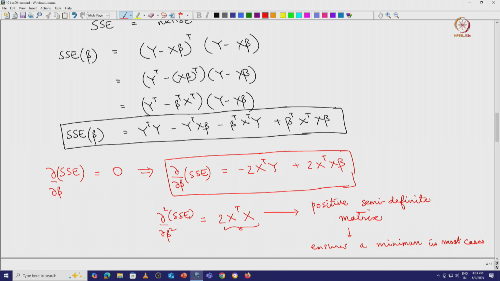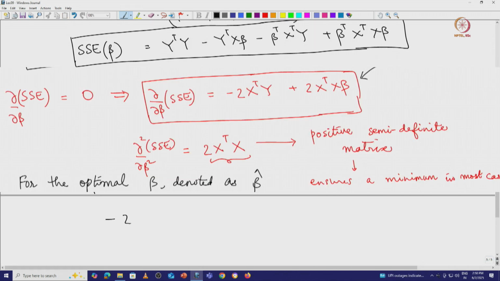Now going forward, we need to find out the optimal set of parameters beta hat. For the optimal beta, denoted as beta hat, we will have to take this expression and set it to 0. So let us go ahead and do that.